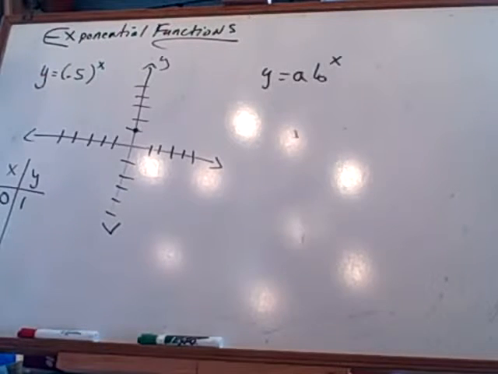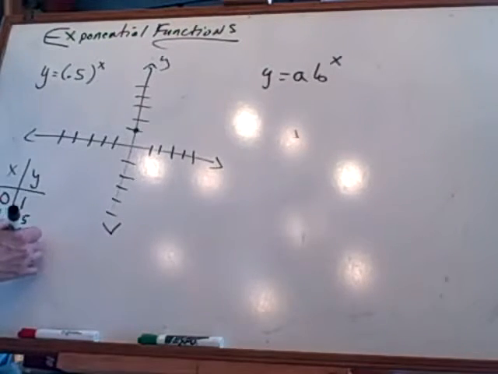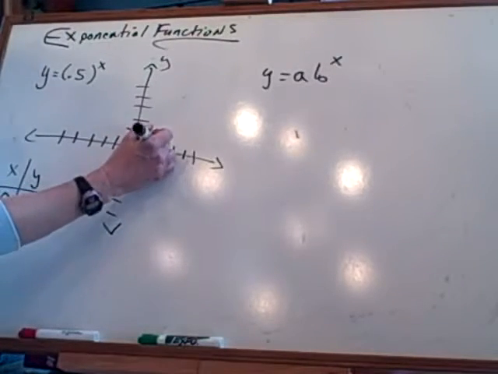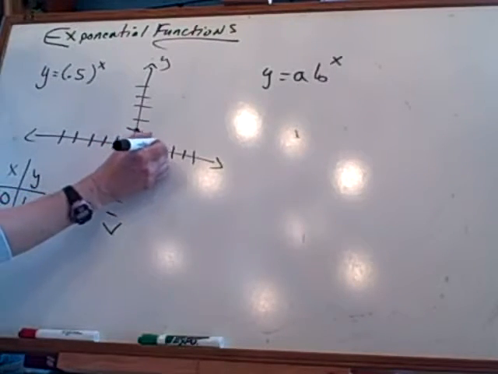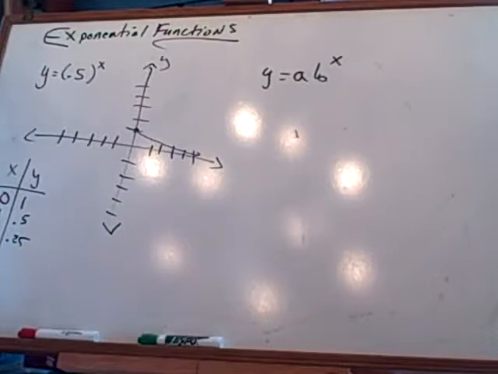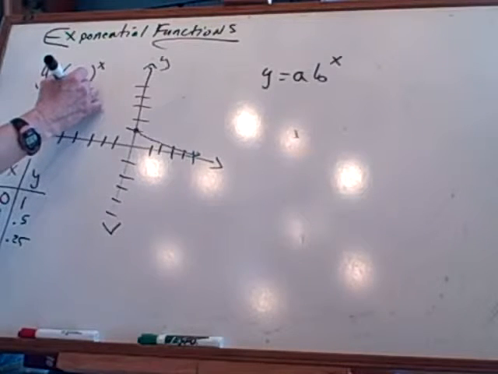Next, if I were to plug in 1, I get 0.5. If I plug in 2, I get 0.25. This is going to continue to get closer and closer. Let's go backwards and plug in negative 1. What's the fraction here? 1/2. So that'd be 2.